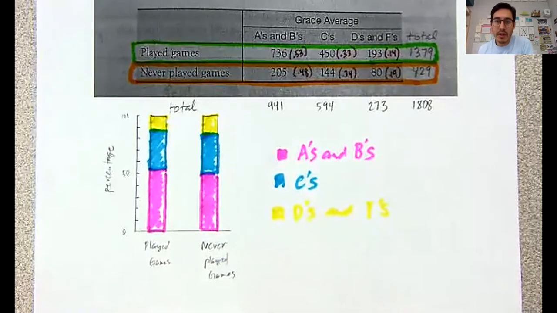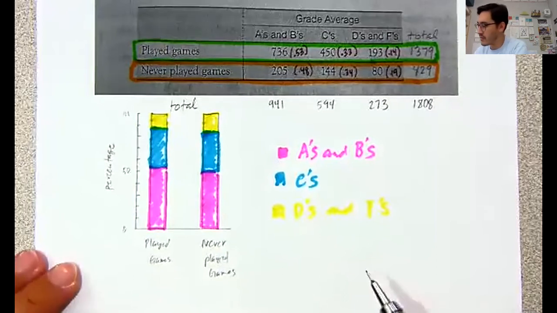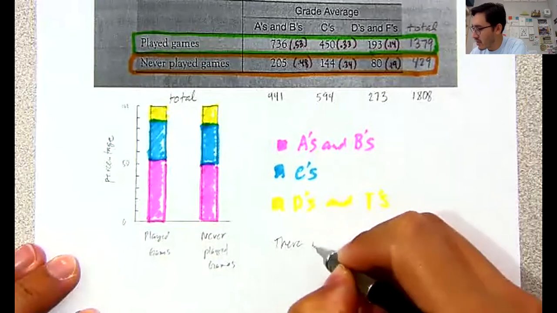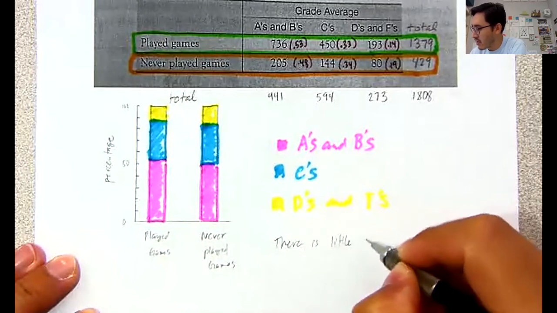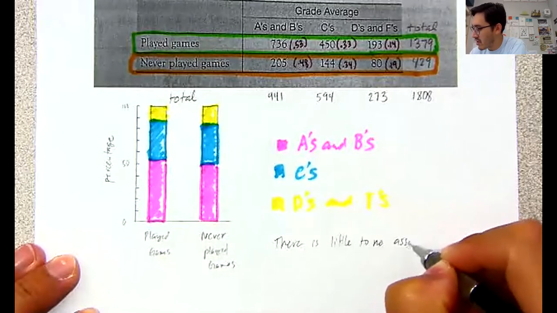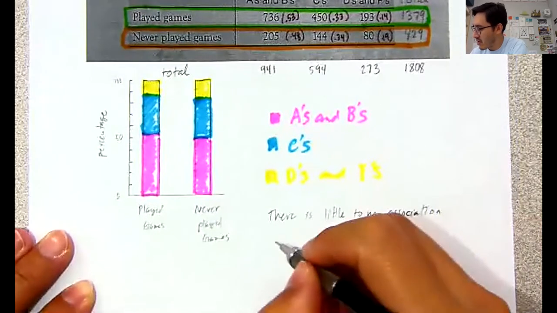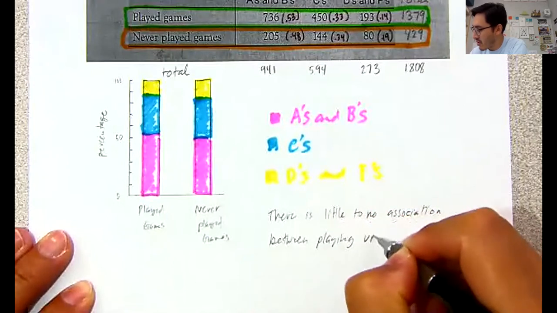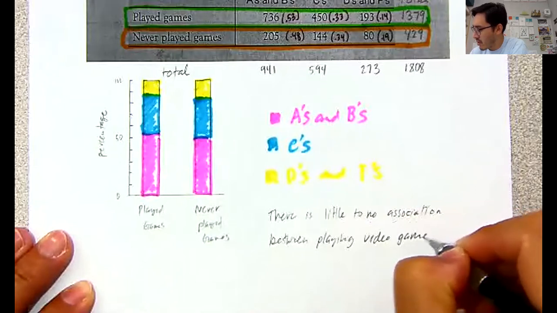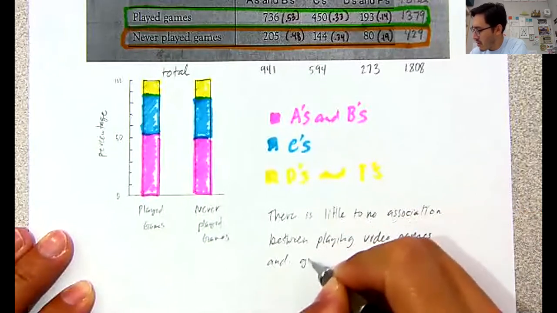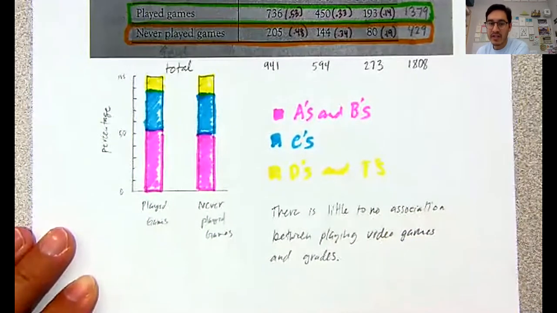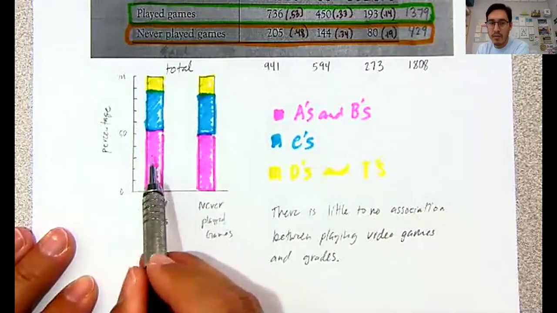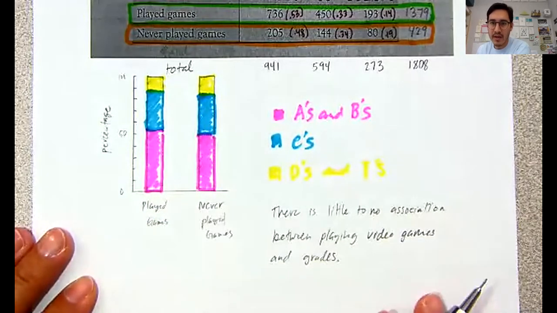Okay, so I would probably conclude that there's little to no association between playing video games and students' grades. All right, and then the evidence is just the fact that the percentages within each subgroup are more or less the same.